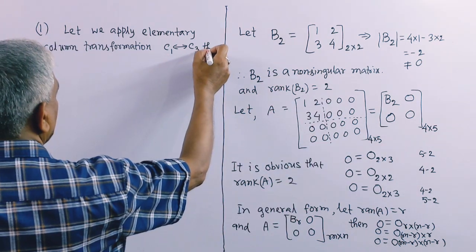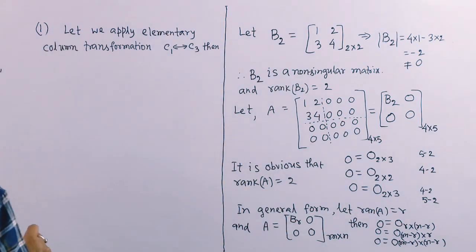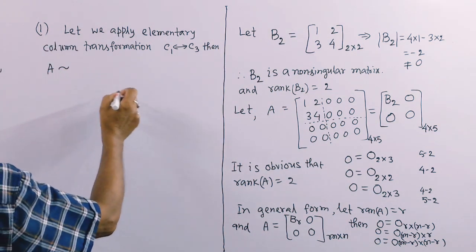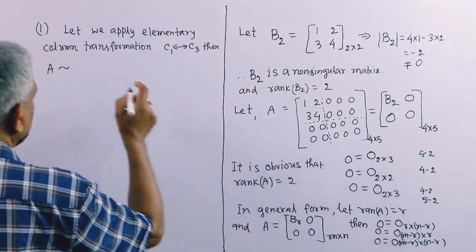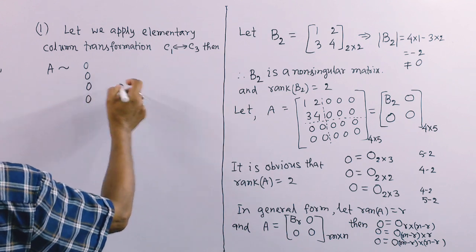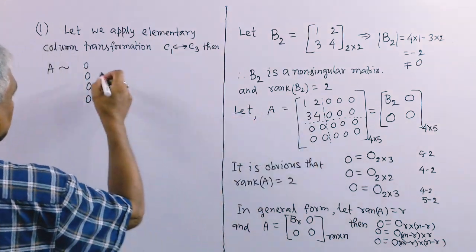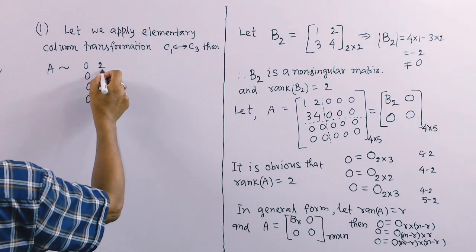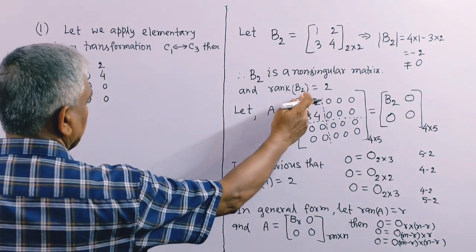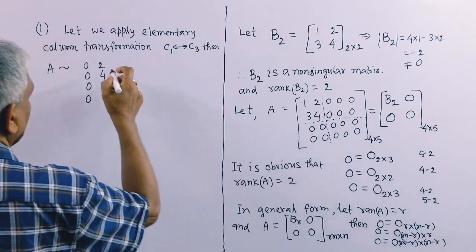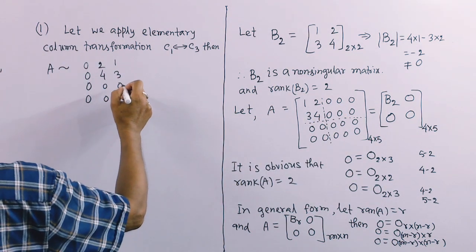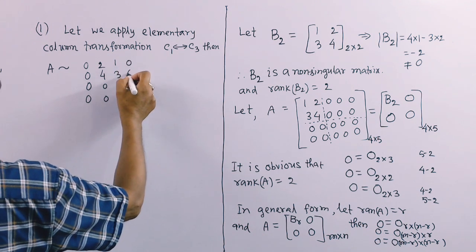Then A will be reduced to the form: we write firstly column 3 as 0 0 0 0, then column 2 the same, 2 4 0 0, then column 1, 1 3 0 0, and the next columns remain the same.